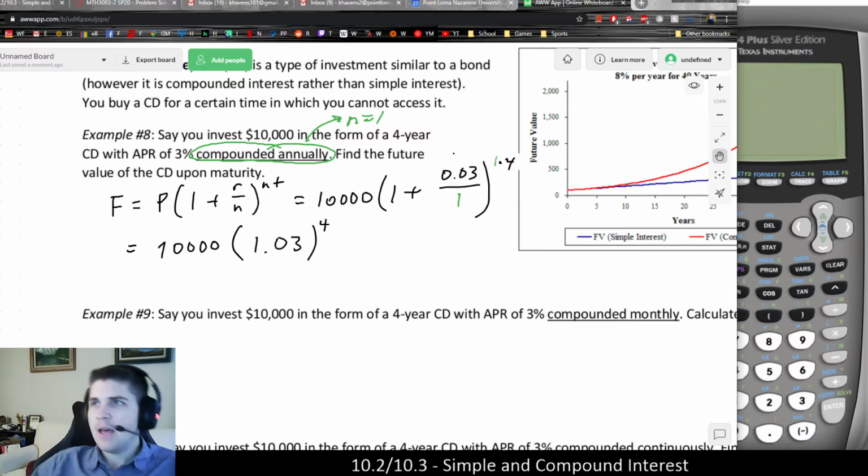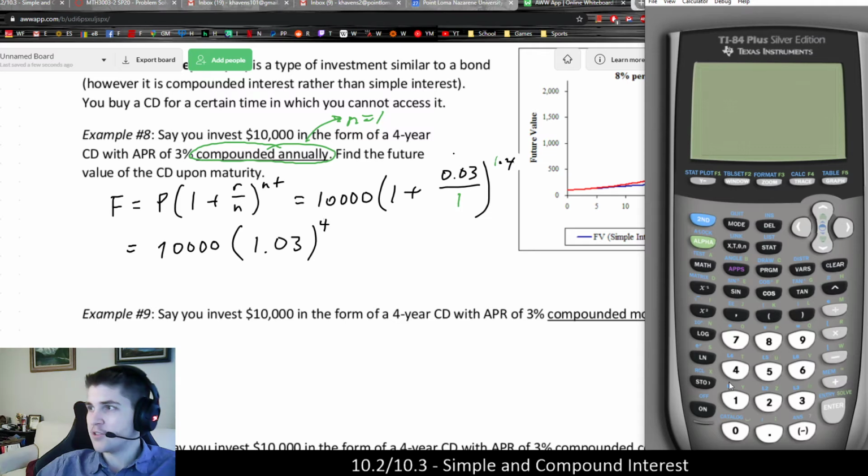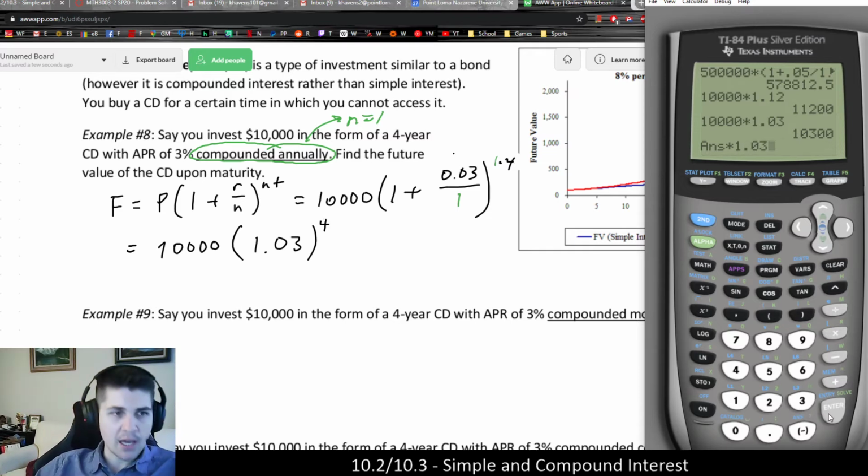There we go. Basically, every year it's going to grow by 3%. And in each successive year, it's going to also grow by the new value. So again, if I thought about it on a year-by-year basis, I'm going to start with 10,000. First year, my balance will be this. The next year, my 3% will be applied to the current balance because it's compounded, so it's a little bit more.